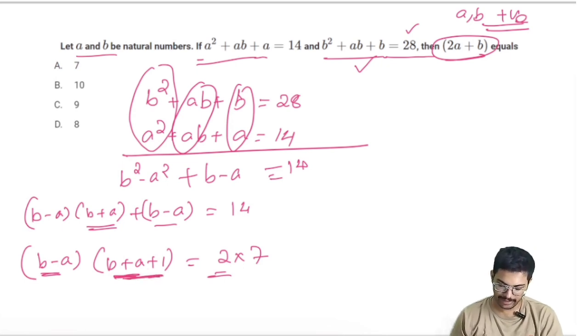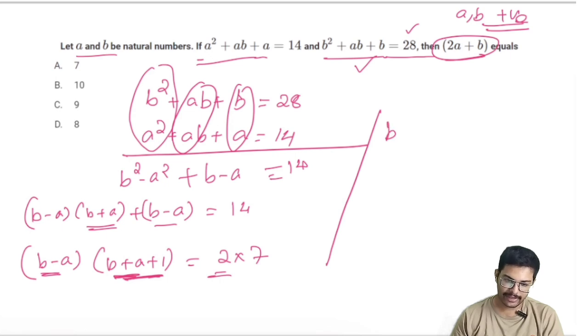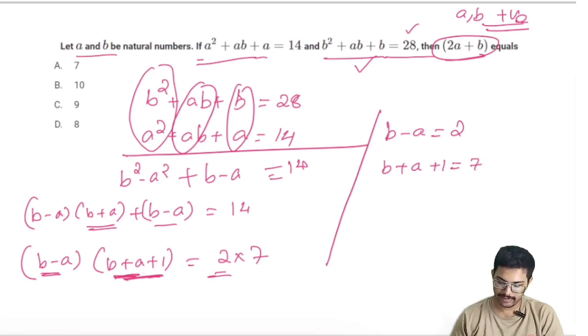Now it is confirmed that B minus A equal to 2 and B plus A plus 1 equal to 7, which means when you take this 1 to the other side, B plus A equal to 6. 7 minus 1 is 6.